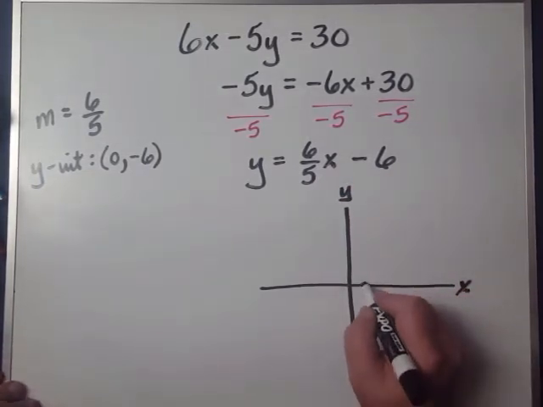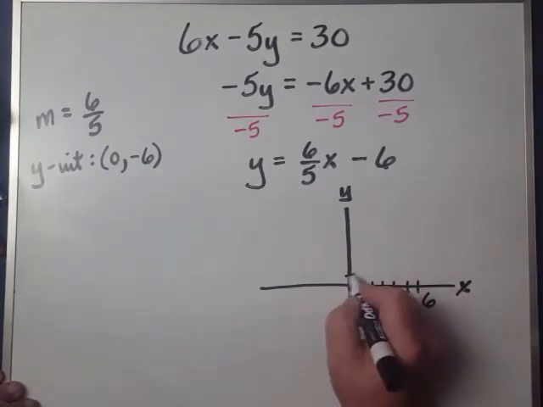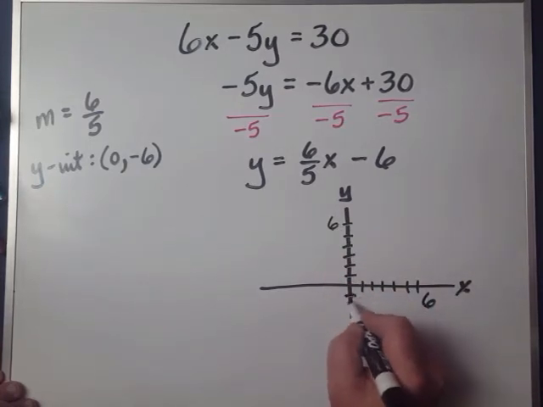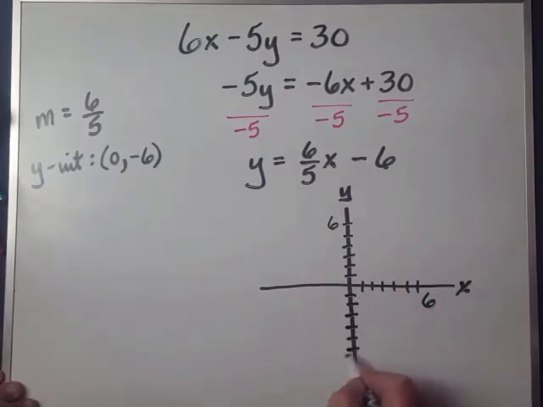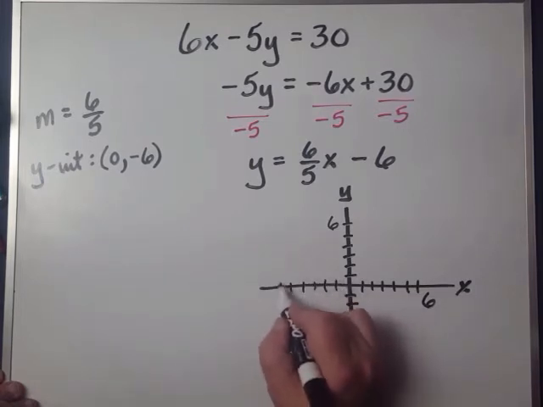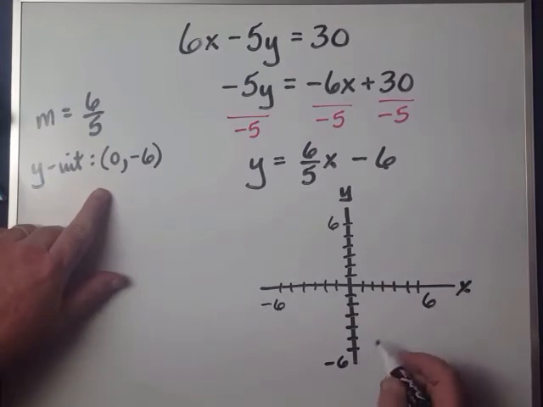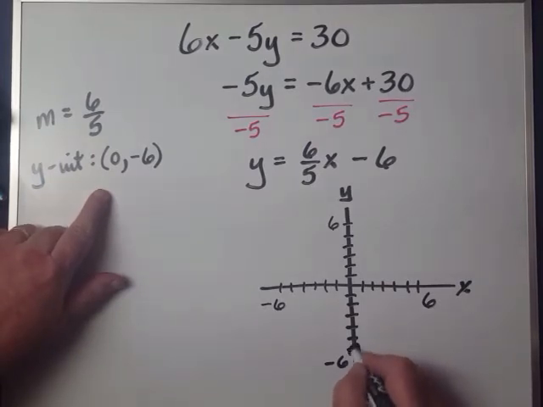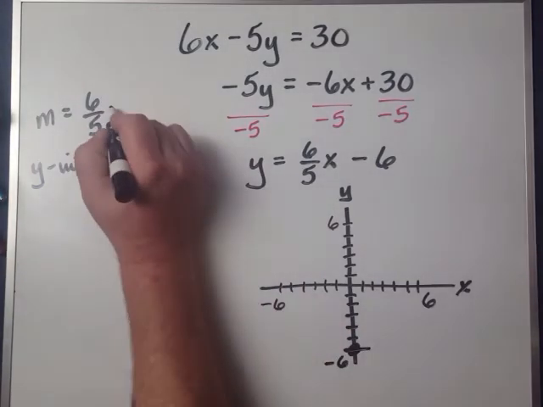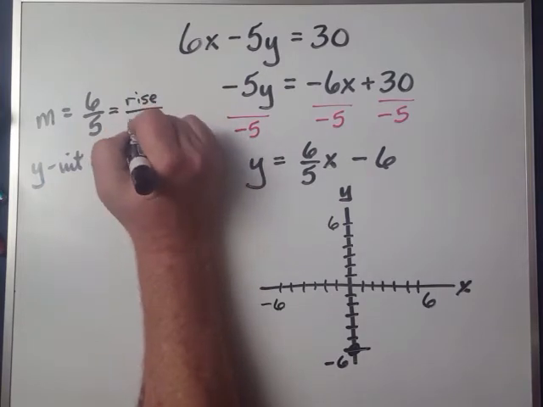Let's head out to 6 in all directions. We'll start at the point that we have, which is our y-intercept down here at -6 on the y-axis, the point (0, -6). And now we're going to interpret our slope as rise over run.